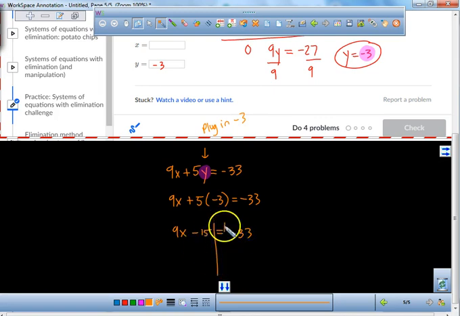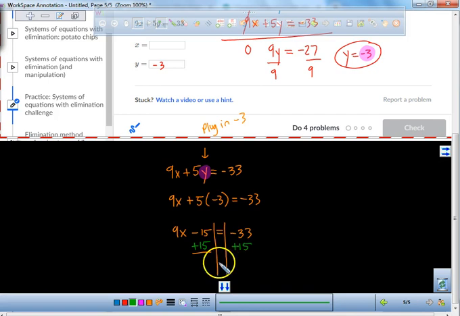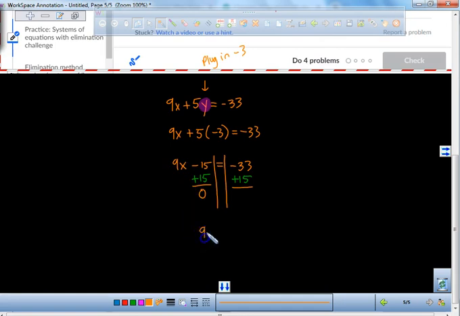Now, when we're solving for x, we have to eliminate this one right here. We add 15 to both sides so that these are additive inverses and get that to 0, because we have to isolate all of our variables known as x. Adding these together, we get negative 18.